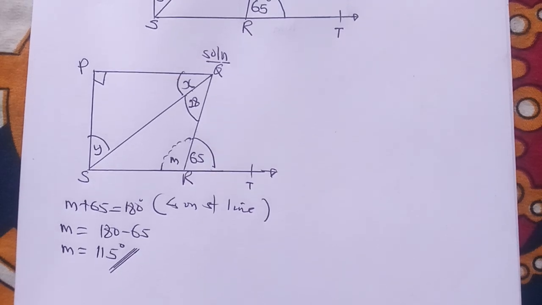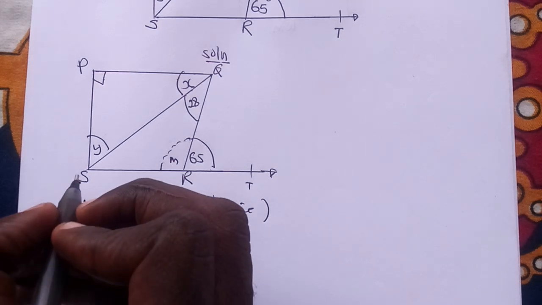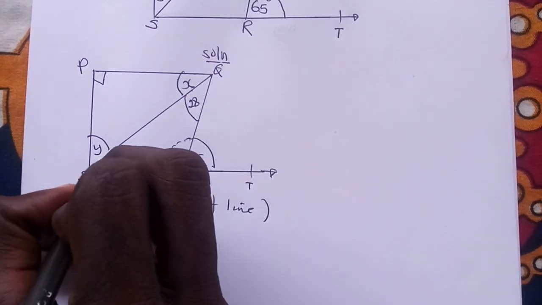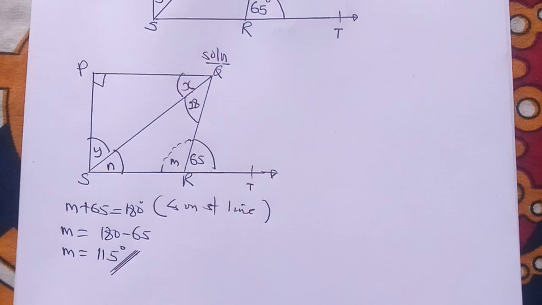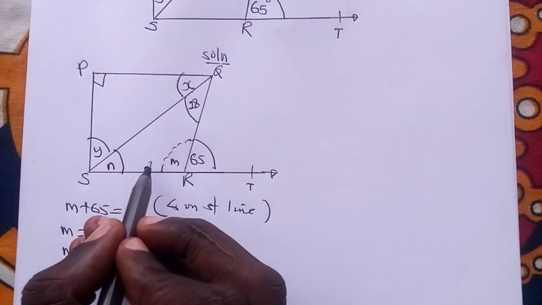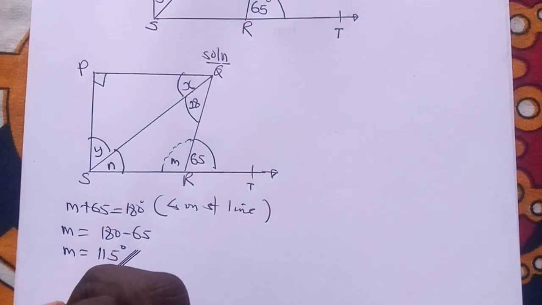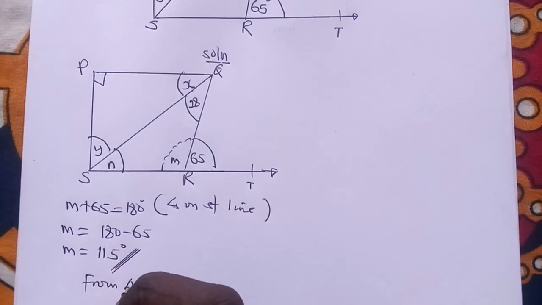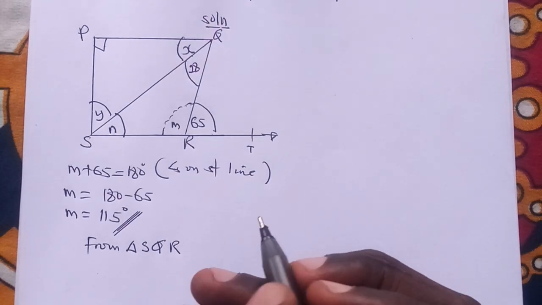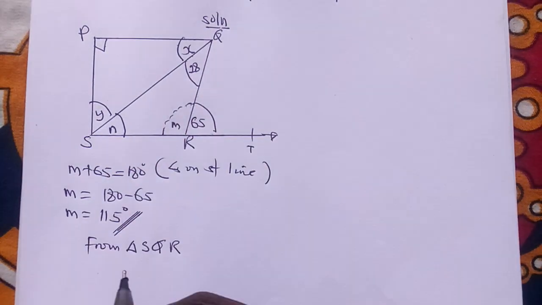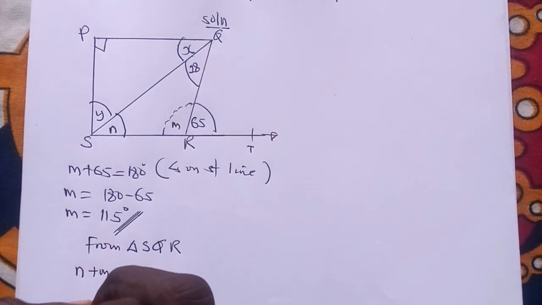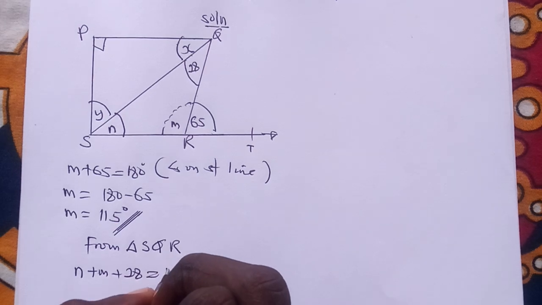Having gone through this part, let's introduce an angle here also. Let's say this is angle n. Since this is angle n, this is m and this is 28, let's say from triangle SQR, we consider this triangle, n plus m plus 28 equals 180 degrees.